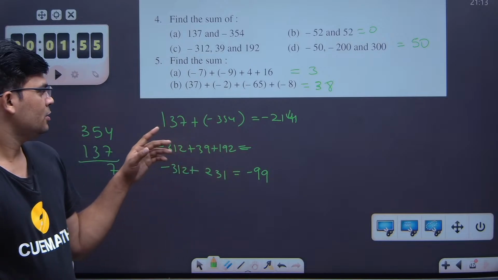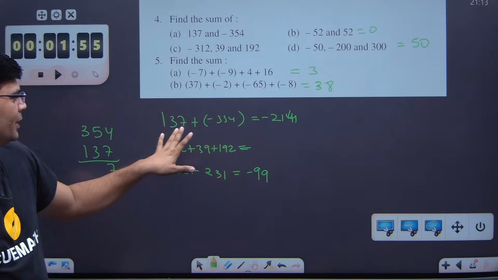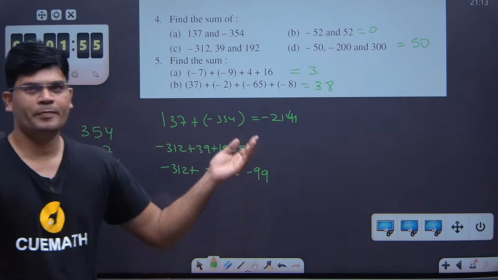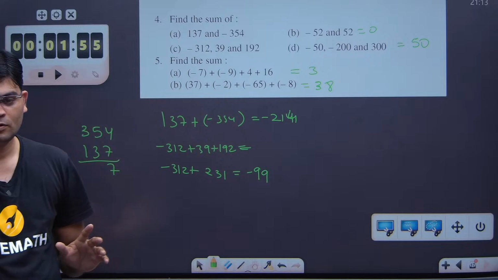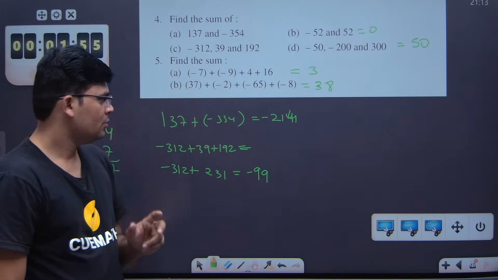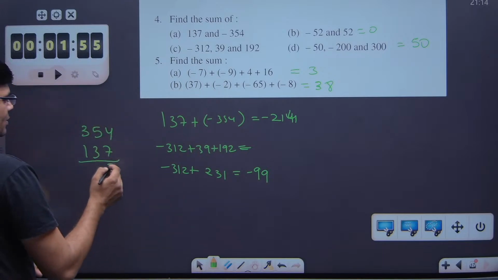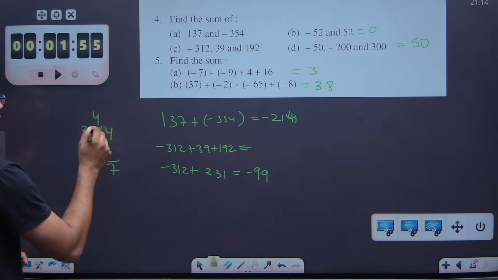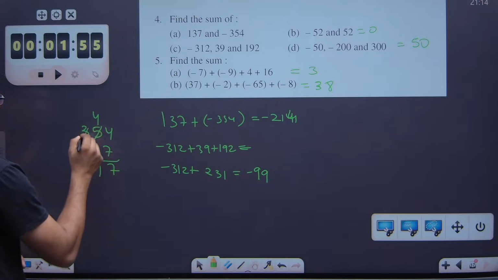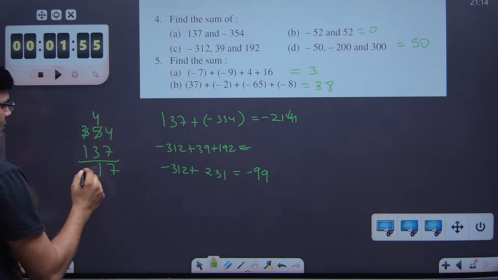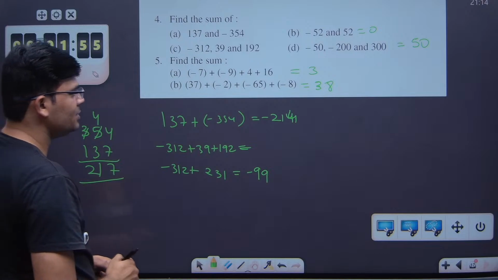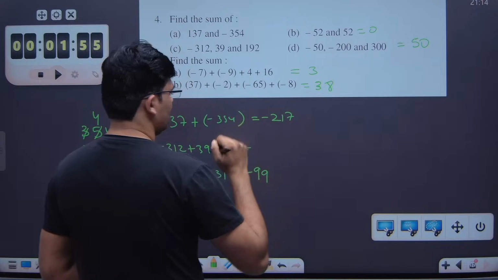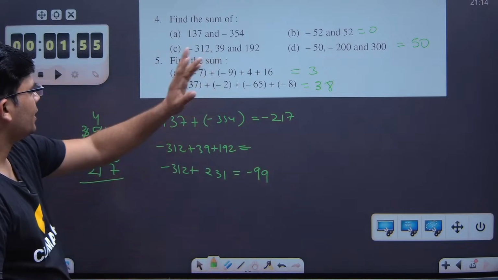From 137, if you are going back up to minus 354, first if you subtract, 14 minus 7 is 7. And then this will become 4. 4 minus 3 is 1. Then this will be 3 only. 3 minus 1 is 2. So it is going to be negative 217. Yeah. That was correct.